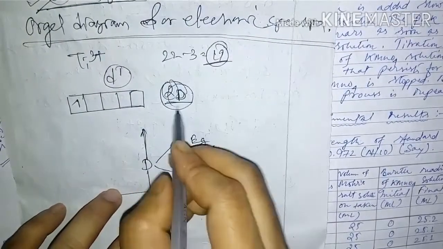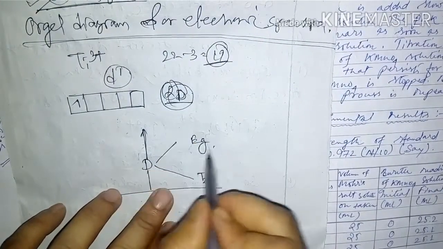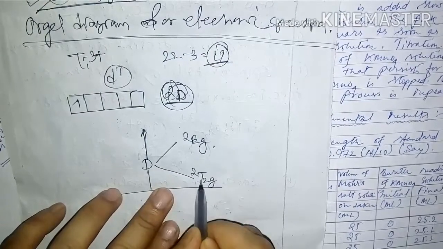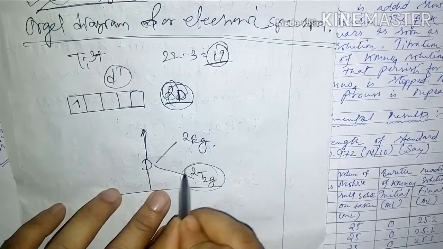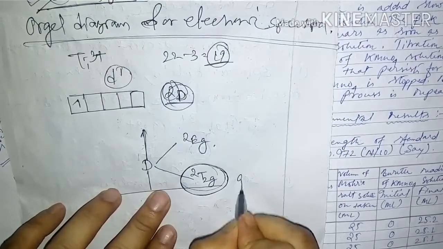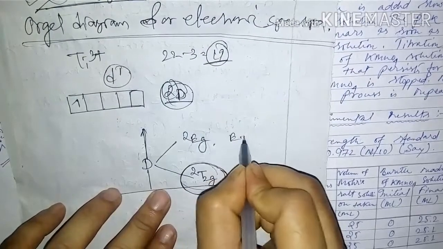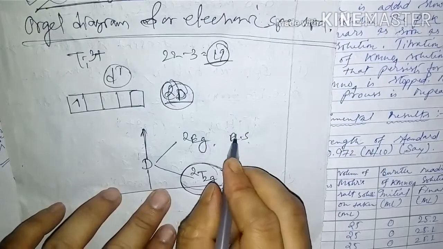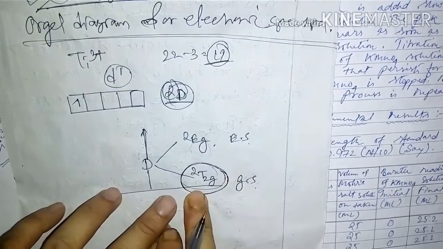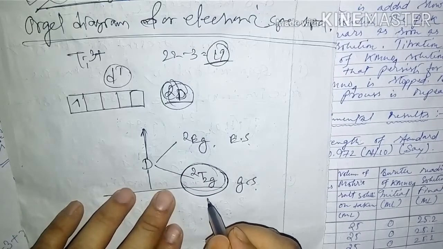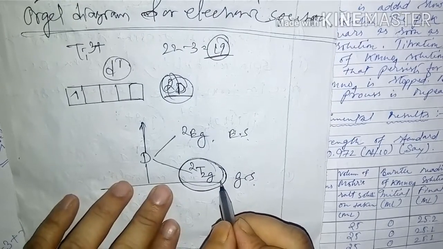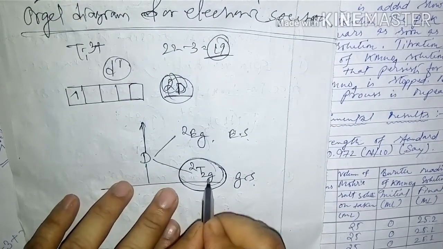Here the spin multiplicity is 2. The lower energy level is the ground state and the higher one is the excited state. So the single electron occupies the lower energy level, the t2g level.